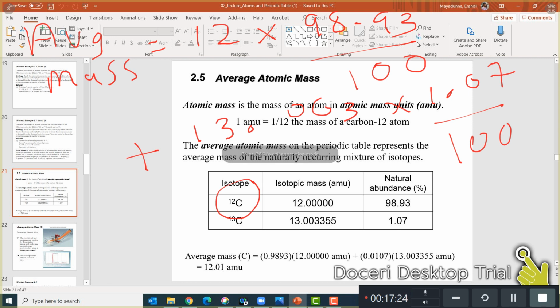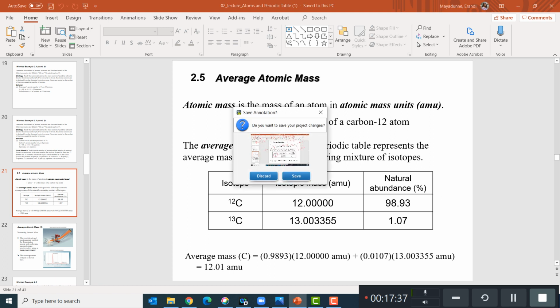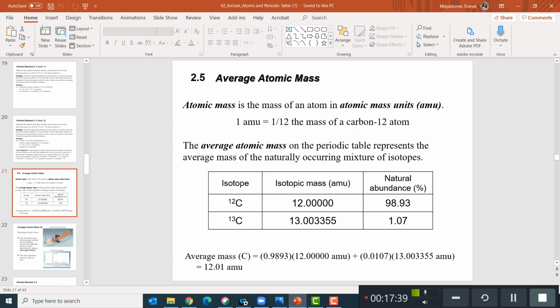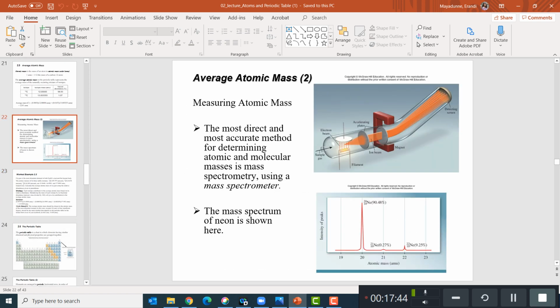When you add them, you get 12.01, which you see in the periodic table. That's how you find the atomic mass. And atomic mass you can find using the mass spectrometer.